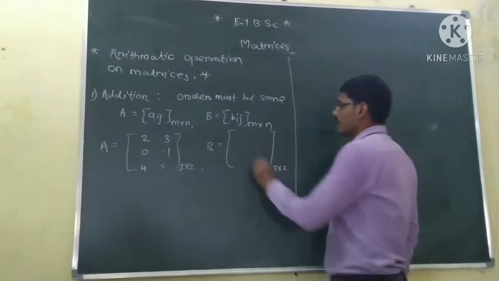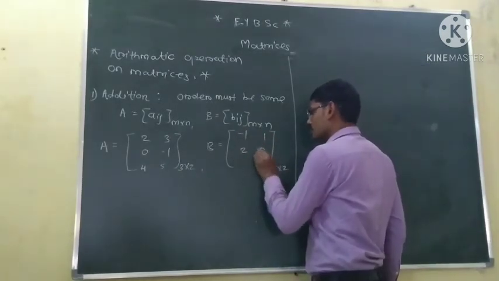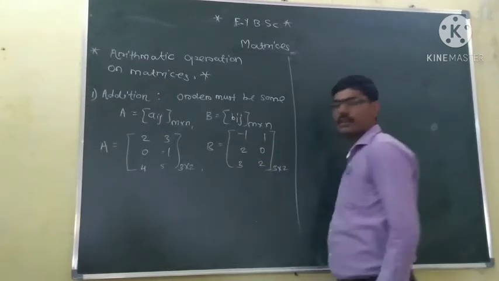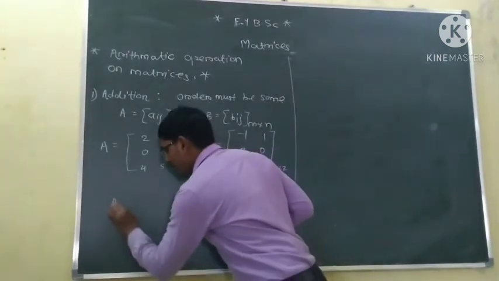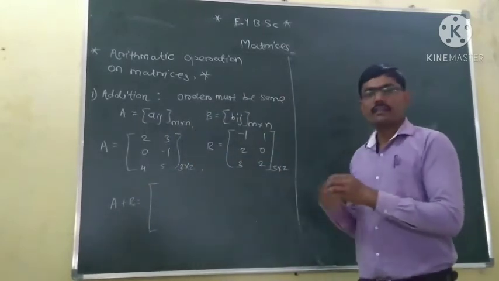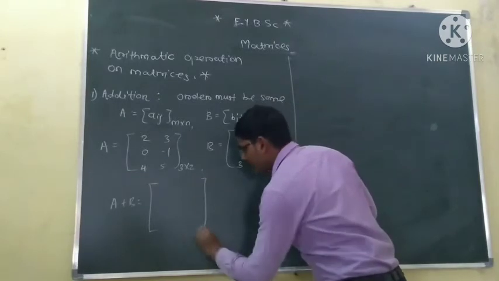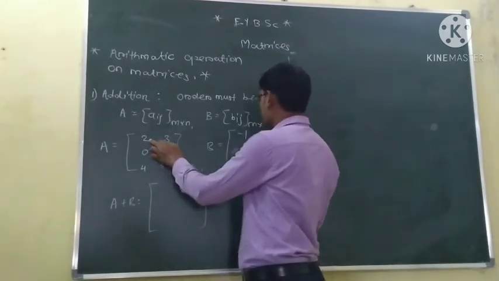We will take here minus 1, 1, 2, 0, 3, 2. Again, the order of matrix is 3 by 2. Then we will get the matrix A plus B, which will again have the same order 3 by 2, and we will add the corresponding elements. First element, that is a11 here and here b11.